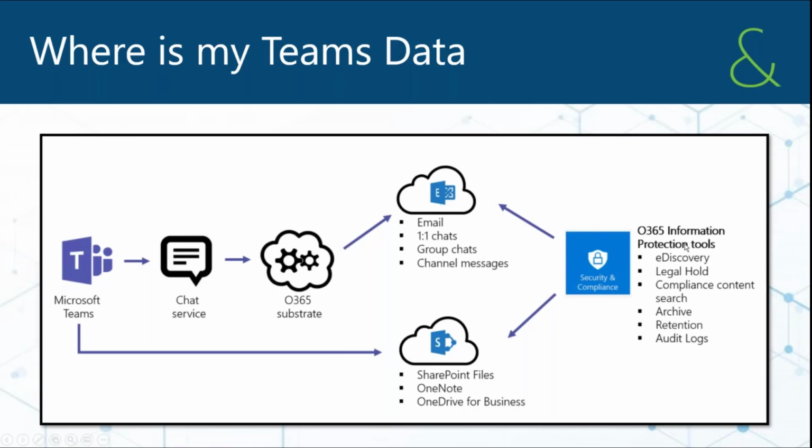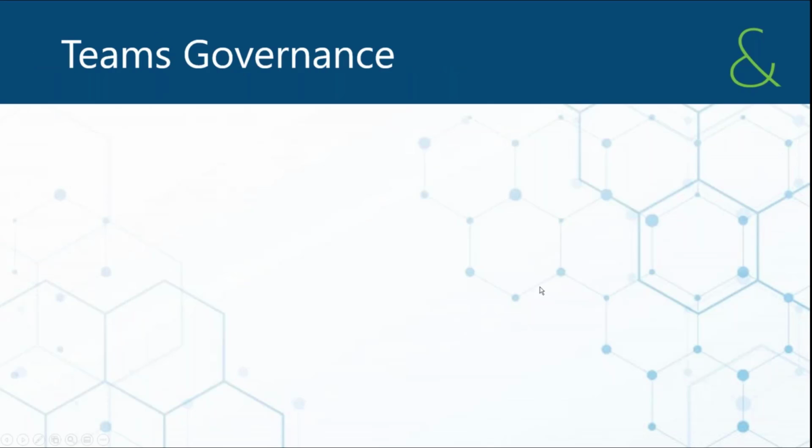What that provides is a whole bunch of tools to control that data. On the far right here is the whole list of traditional Office 365 tools, and you can leverage all of these to protect your Teams information. It's Exchange. If you record a meeting, it goes to Stream. The Teams sites are actually based on Azure Active Directory groups, SharePoint, and OneDrive, so all those different areas.